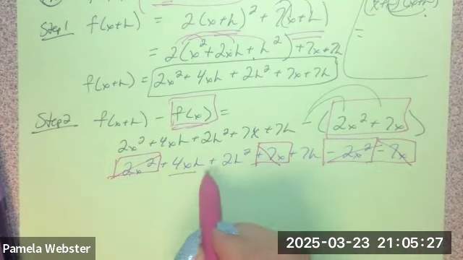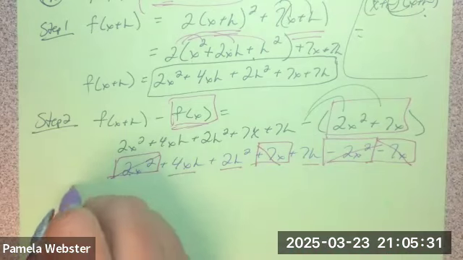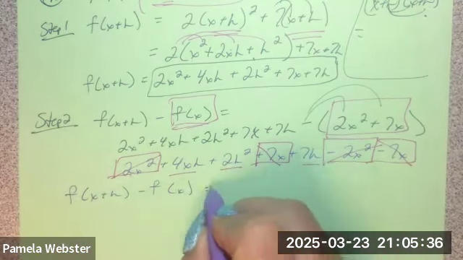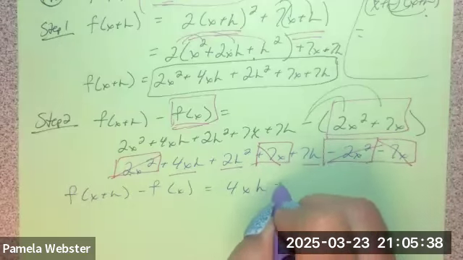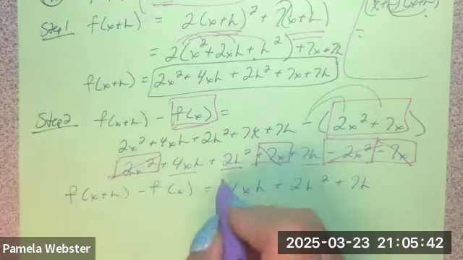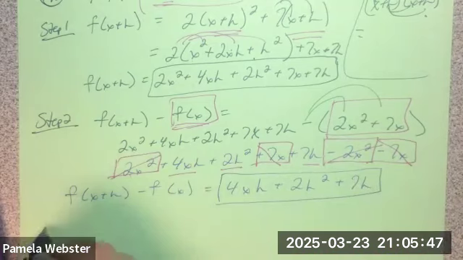And we're going to be left with things that have h's. So this step is 4xh plus 2h squared plus a 7h. So there's step 2.